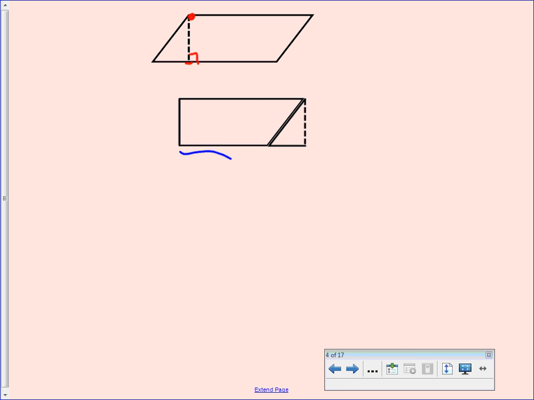So if this is my base and this is my height, if this is my height in my rectangle, where is my height in my parallelogram? Right there. We can draw the height from one of the angles straight down to the base.